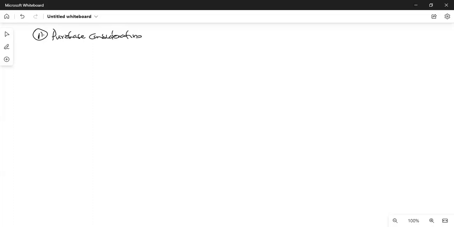Then number 2, we will be looking at a mid-year acquisition. Then number 3, we'll be looking at adjustments.